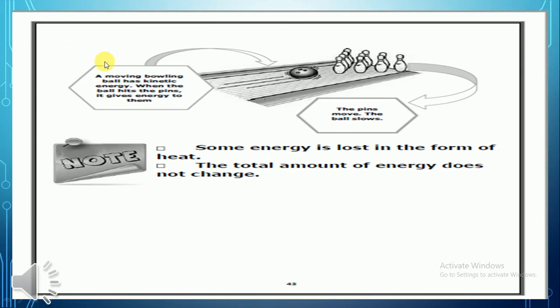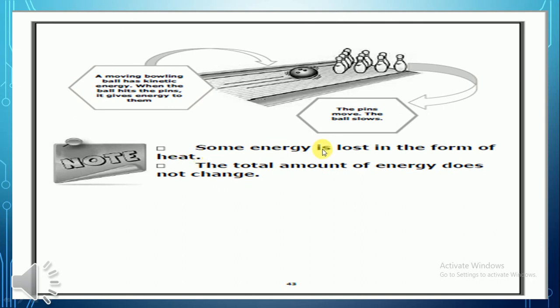So, do you like this bowling game? Yeah, so a moving bowling ball has kinetic energy. It moves, so it has to have some kinetic energy. So when the ball hits the pins, what happens? It gives energy to them. So the pins move and the ball slows down. Excellent.